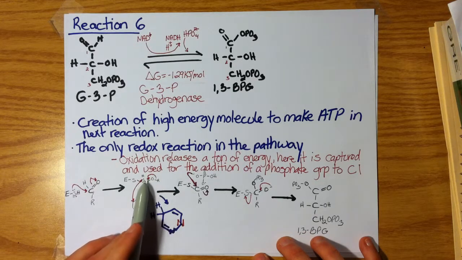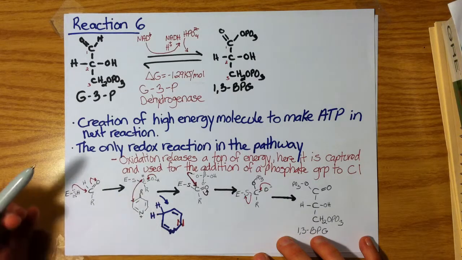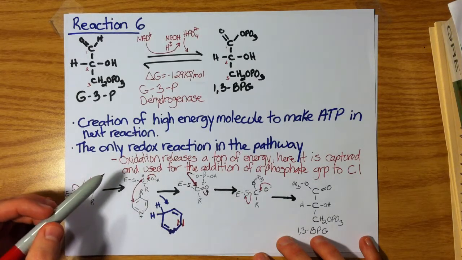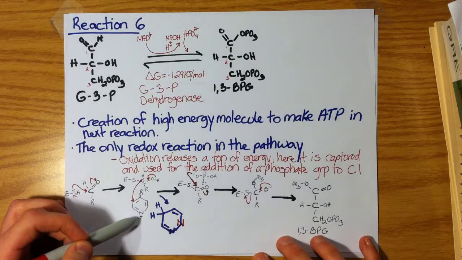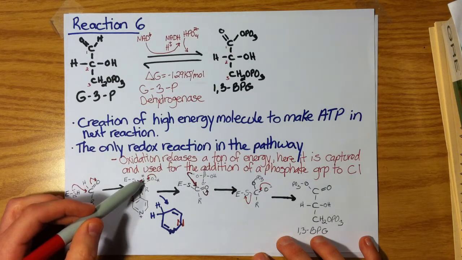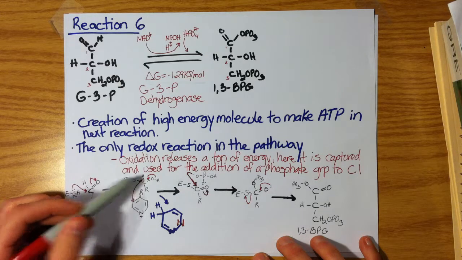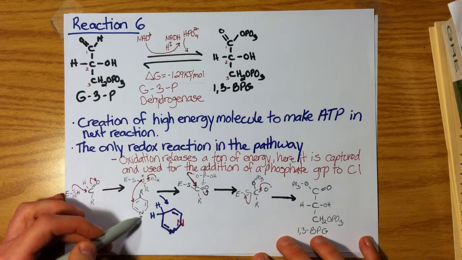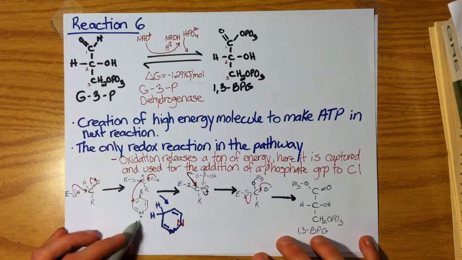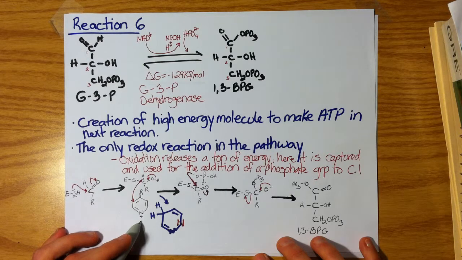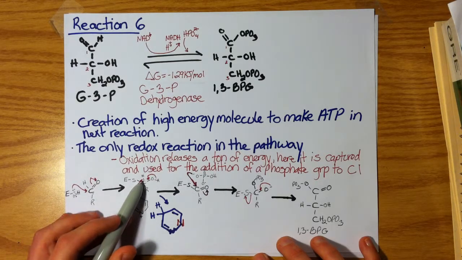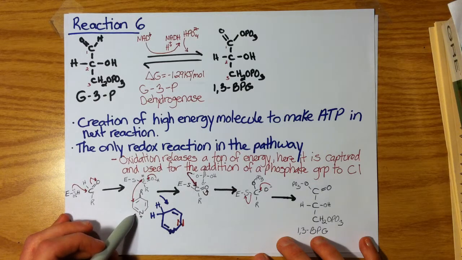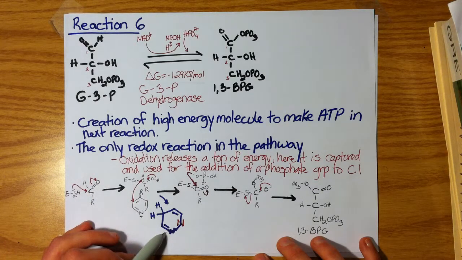Electrons from that bond are shuttled back onto the carbon-oxygen bond to reform our double bond, and our NAD+, acting as an electron sink, pulls off the hydrogen from that central carbon. The reason this acts as an electron sink is because not only do we have conjugation occurring here in this ring, but we have a positively charged nitrogen group, which we want to quench that positive charge, and so we're able to shuttle electrons into this molecule, forming our NADH.